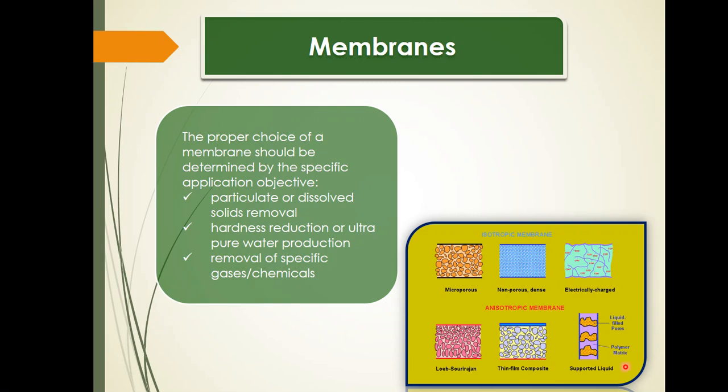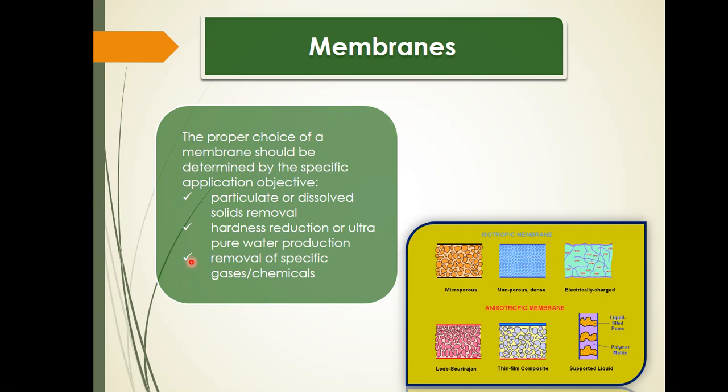So the one you see here in the illustration, these are membranes classified based on their physical characteristics or similarities. So the isotropic membrane and the anisotropic membrane. Then there are those classified based on application, and the ones that I have here are just examples.